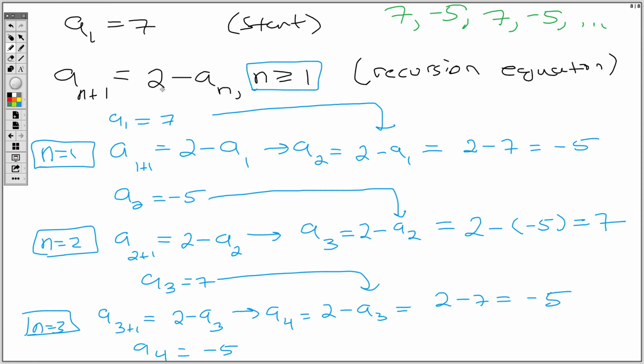So I start with 7, 2 minus 7 is negative 5. To get to the next one, I take 2 minus negative 5, that gets me to 7. To get to the next one, 2 minus 7, negative 5, and so on and so forth. Any questions on this first example of a recursion?